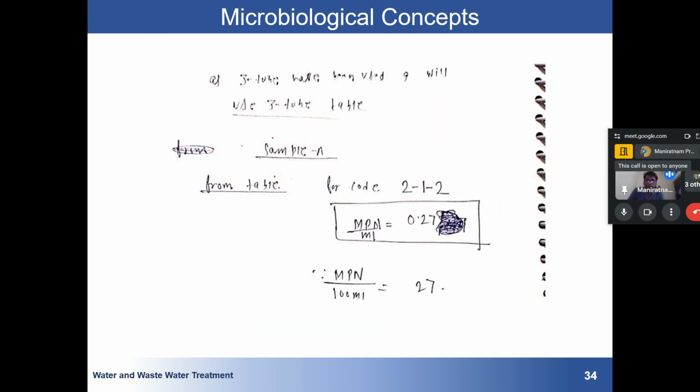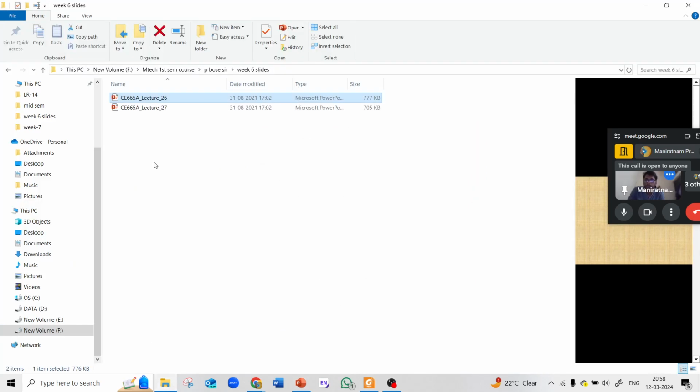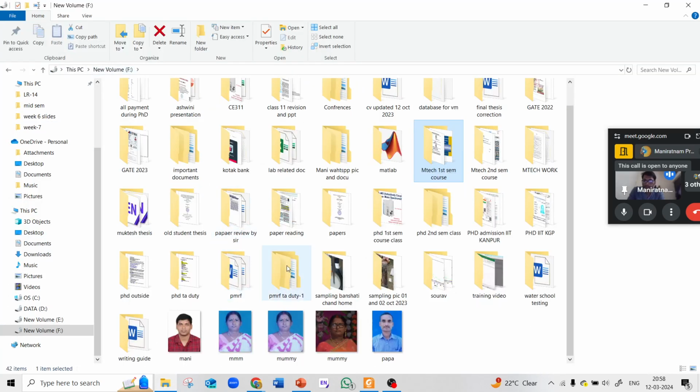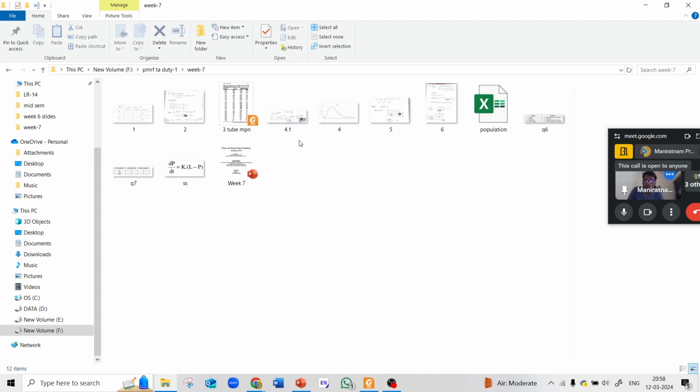The third method is the use of the MPN table. There are several MPN tables, and I will just show you one.